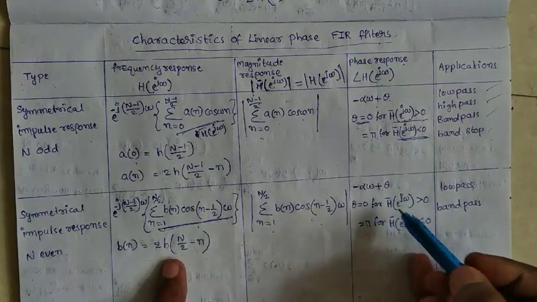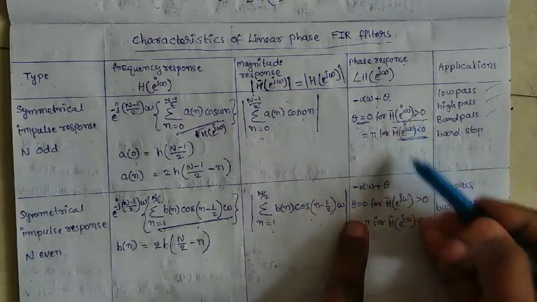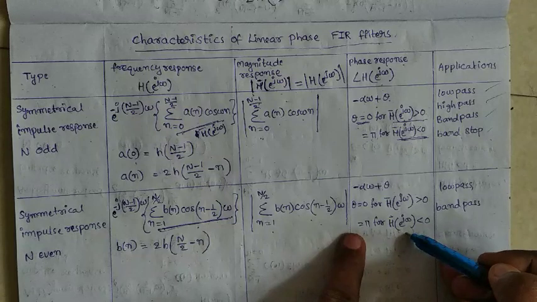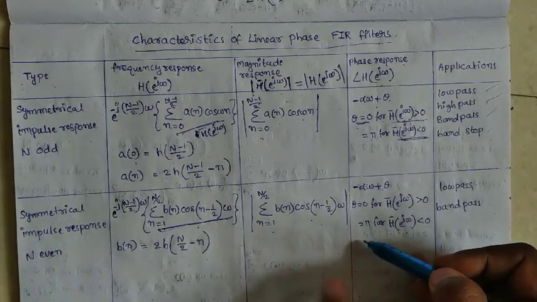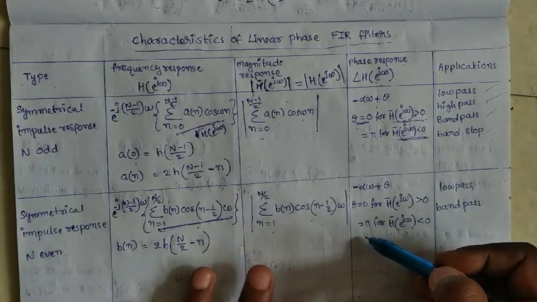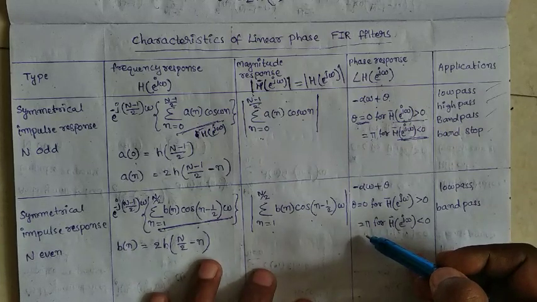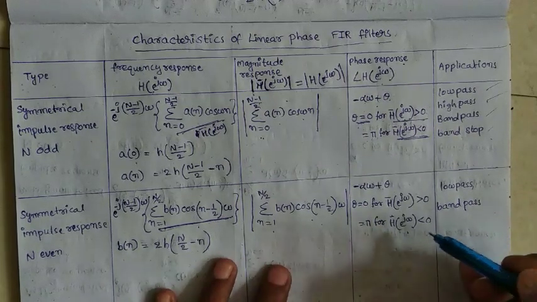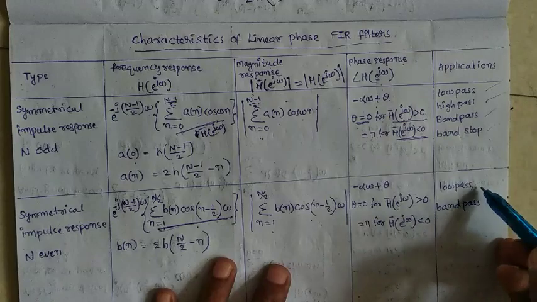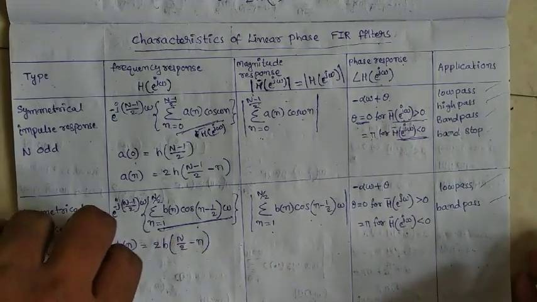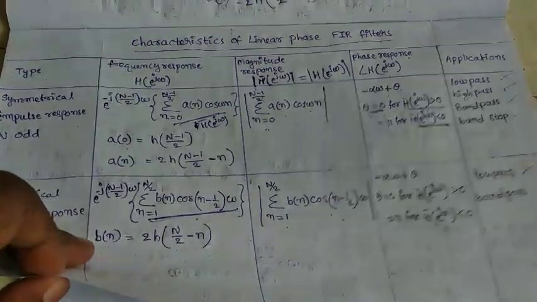Similarly, the phase angle formula is the same. This method, the symmetrical impulse response with capital N even, is used to design low pass filters and band pass filters.